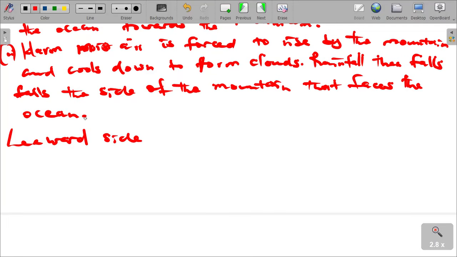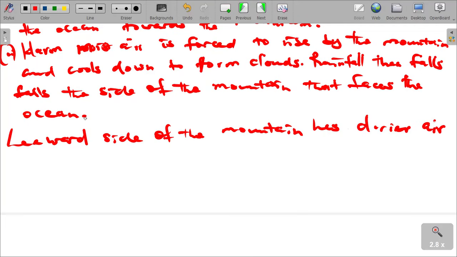The leeward side of the mountain is left with dry air, which blows down the mountain.